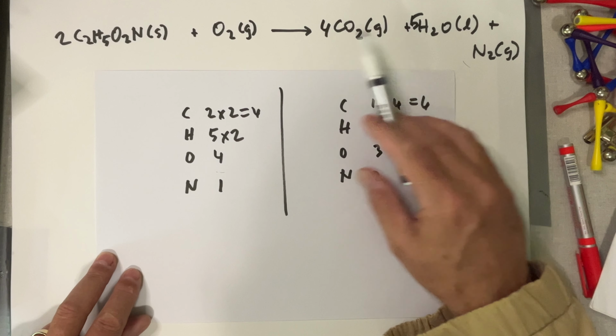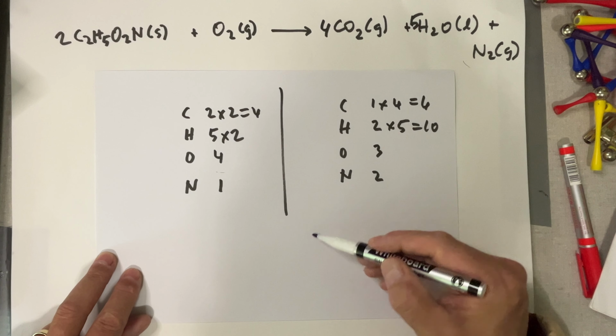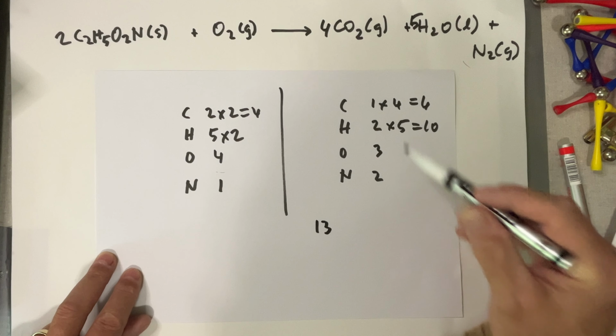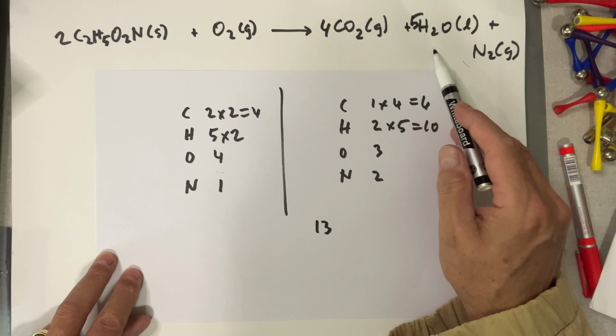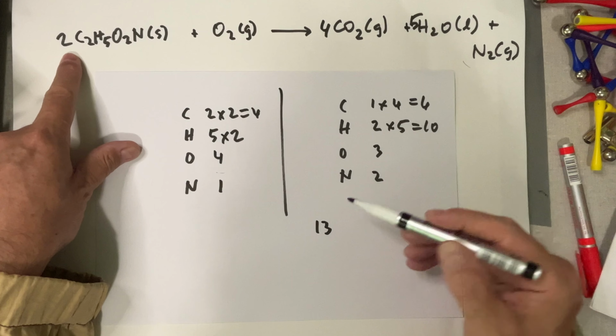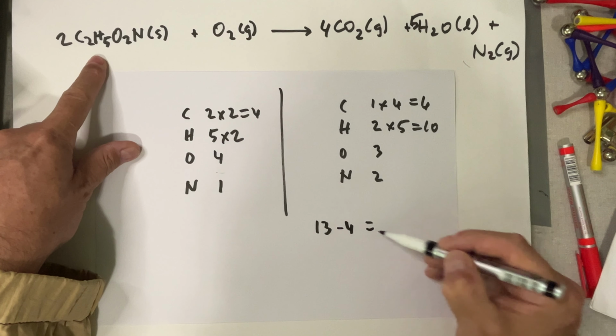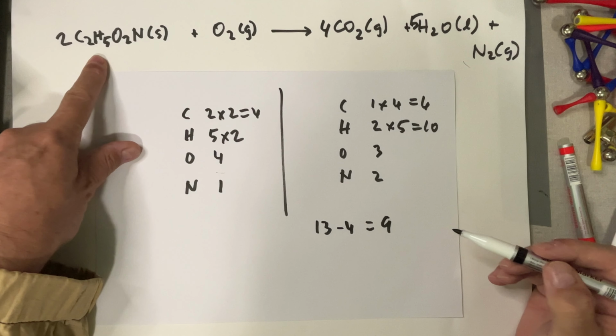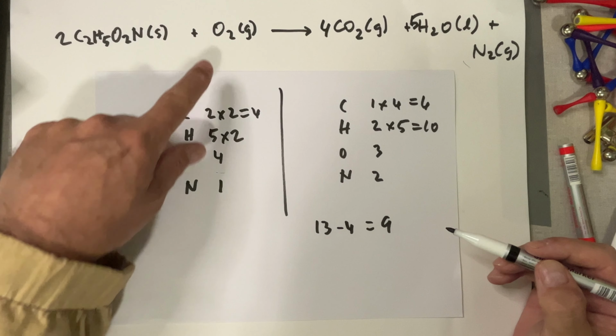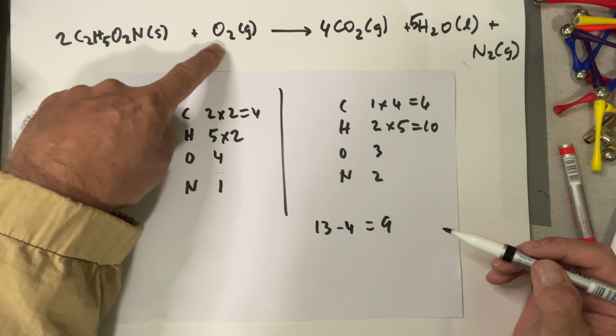So on this side you have 13 oxygens altogether, and if you deduct the 4 here, that leaves 9, and that then is what's needed to balance the oxygen.